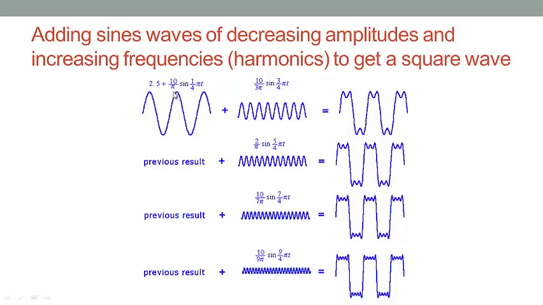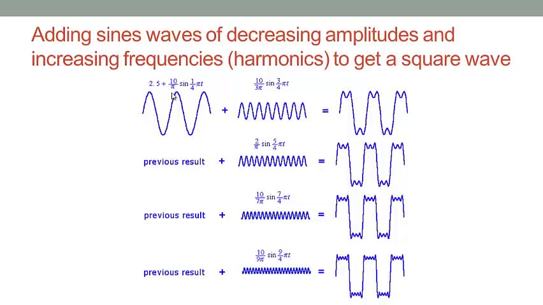We don't have any sine over there. Then 10 by 4 is the amplitude of the particular sine wave, and then you have sin(1/4 πt). Sine omega t is the general form, so omega is 1/4 π, which gives you a particular frequency.